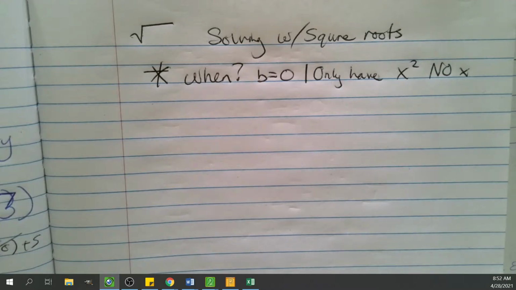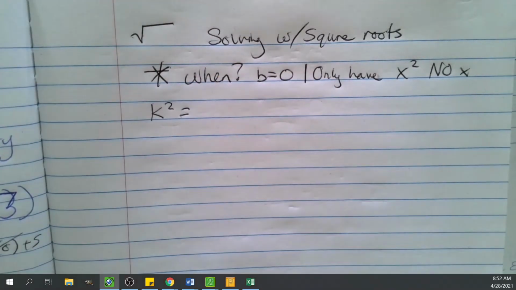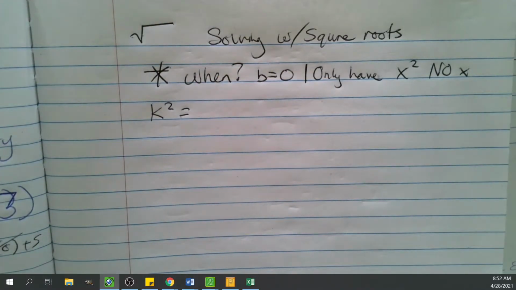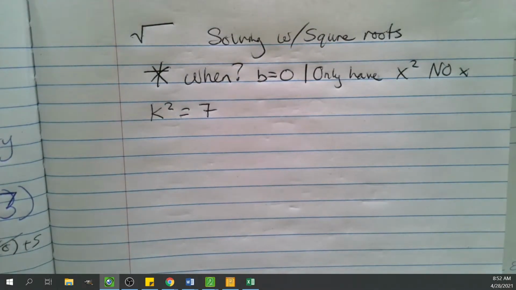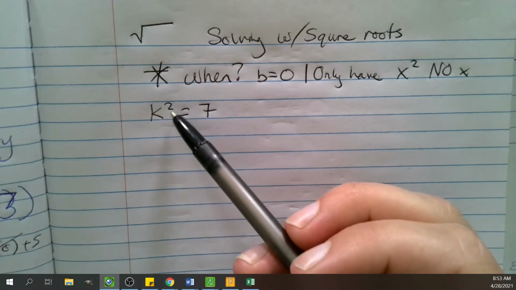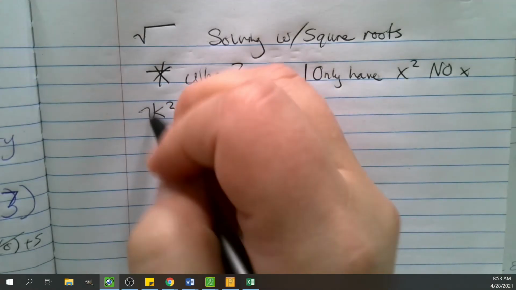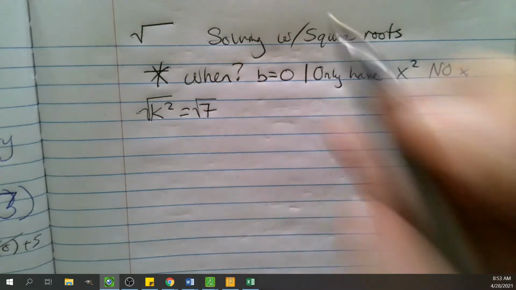So let's do a couple examples of that. Pick any number in the whole world you like. 7. How do I get rid of that squared? Square root. Let's see if anybody knows what we got to remember. When I do the square root, what do I got to add? Plus or minus. Good job.